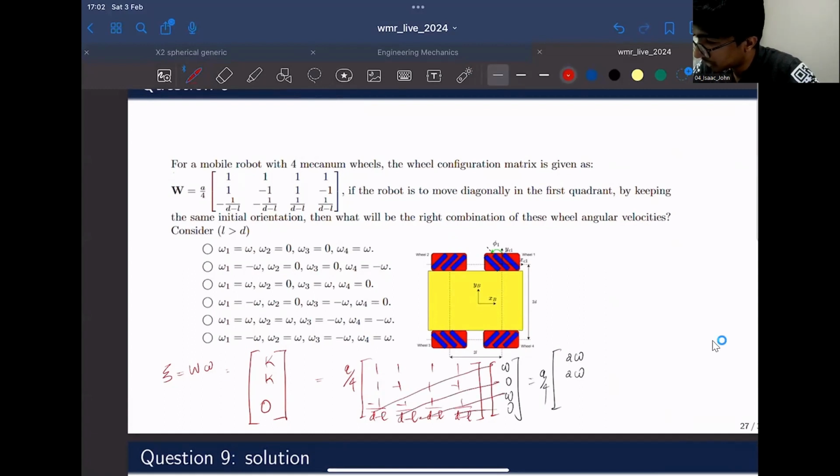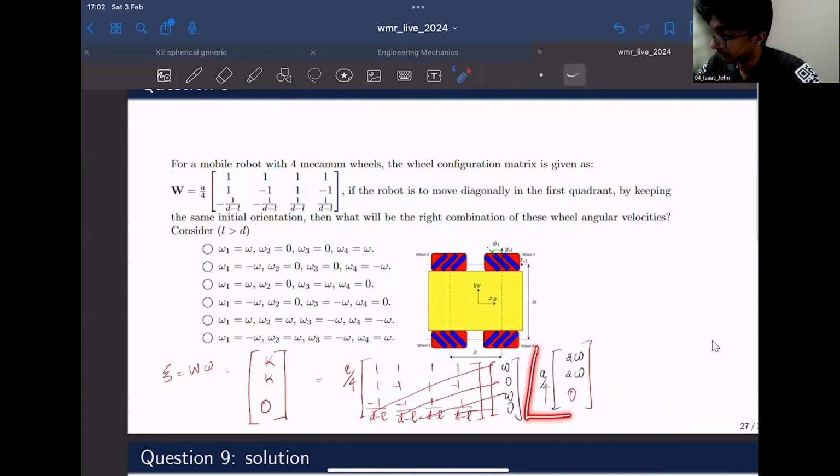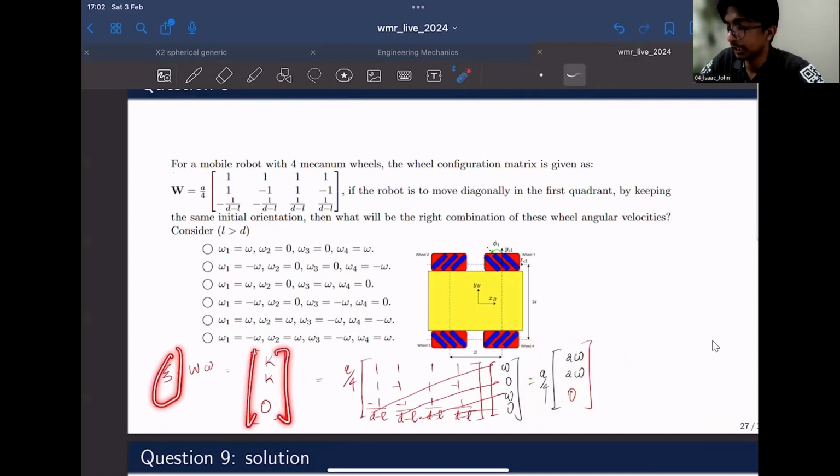This is also 0, I guess, right? So this is how our zeta vector would look: 2 omega, 2 omega, 0. So the first two entries have constant identical magnitude and the third entry is 0. And this is exactly how we desire our zeta to look so that the robot can move diagonally.